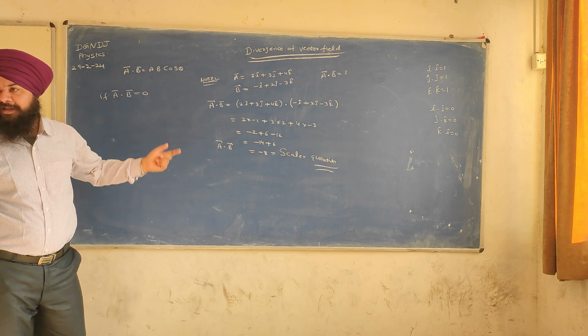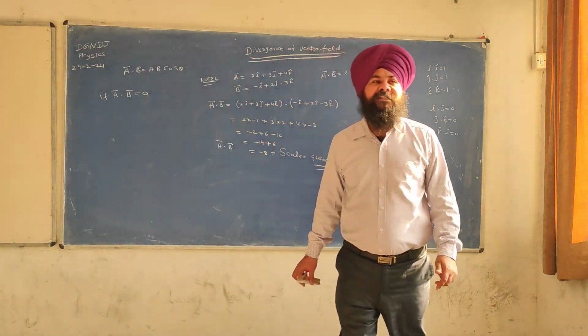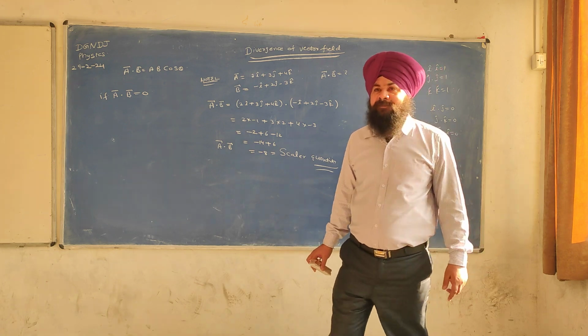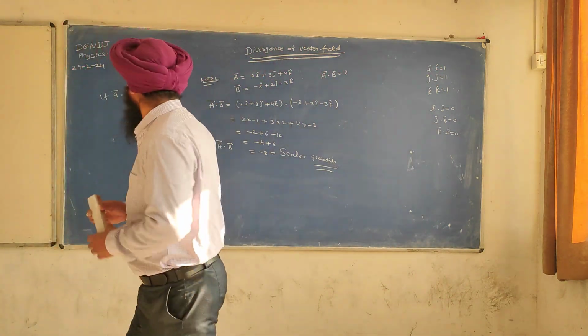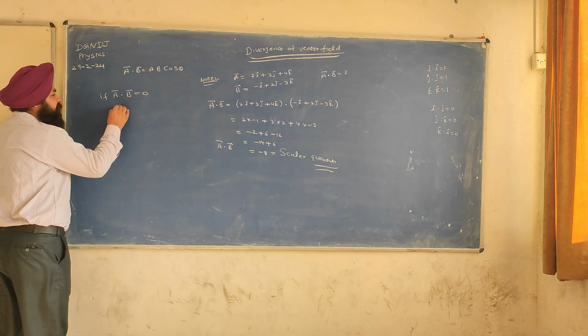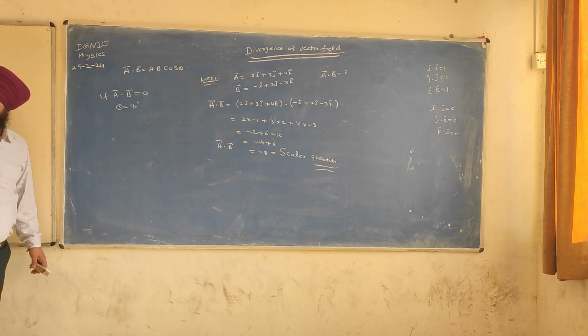The cos theta will be 0 only when theta is 90, because cos 90 gives me 0. So a dot b 0 means theta is 90. ठीक है?